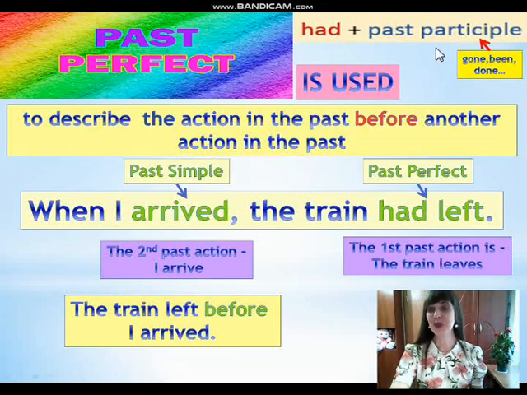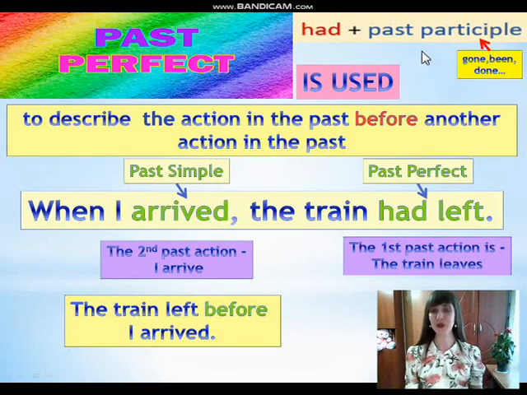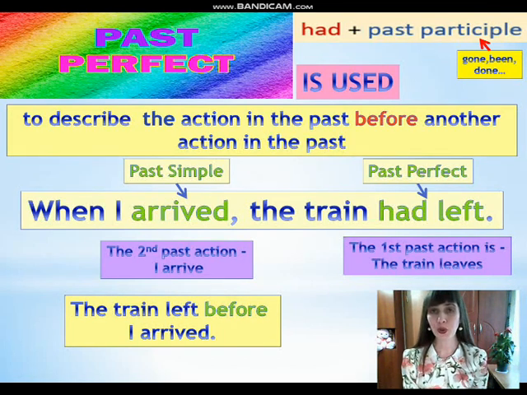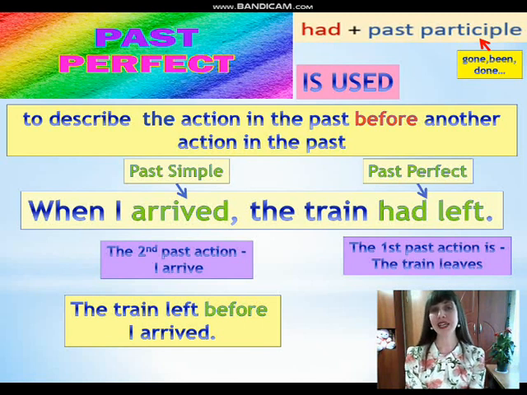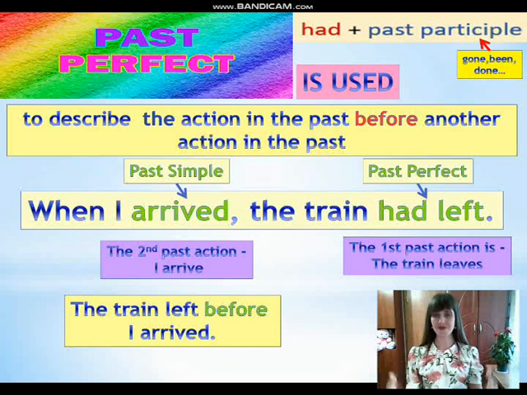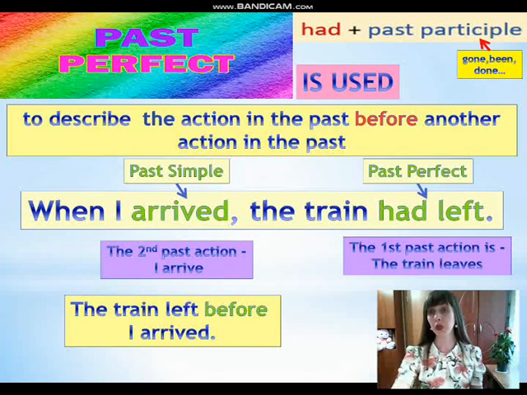So, the past participle is the verb from the third column of our irregular verbs. The third column of the irregular verbs, okay? So you know them, for example, gone, been, done. You can think about some other words, for example, burnt, slept, yeah? So this is not difficult. Had plus past participle, okay?